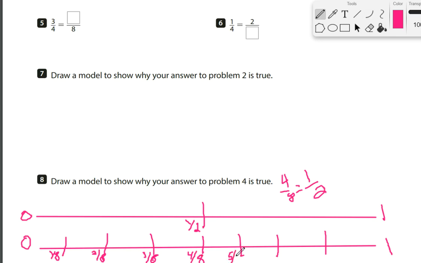So you can absolutely just label the spaces and not tell me how many eighths they are, and just be like 5, 6. That's totally fine. You will not lose points. All right, so we said 4/8 is equal to 1/2, and boom, there we are. They are exactly equal.